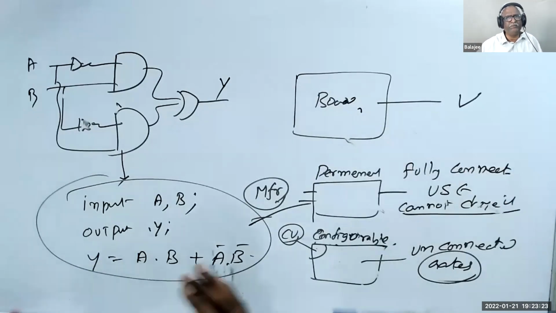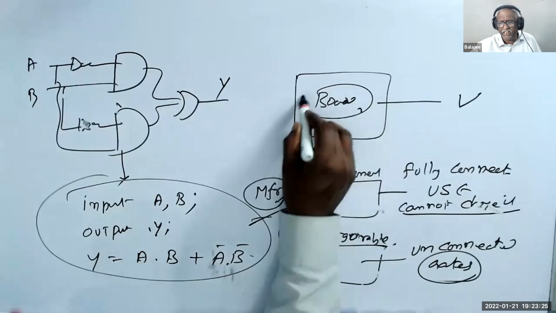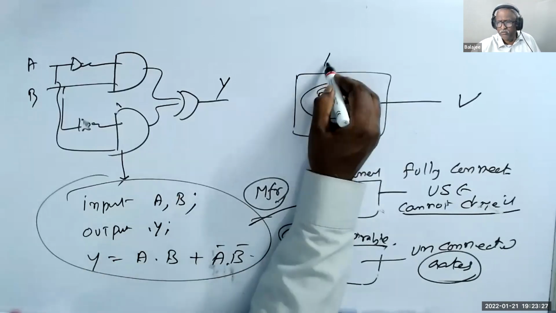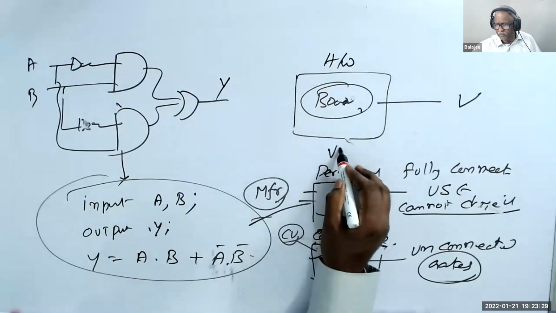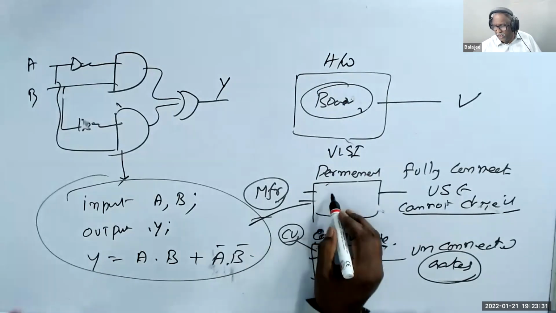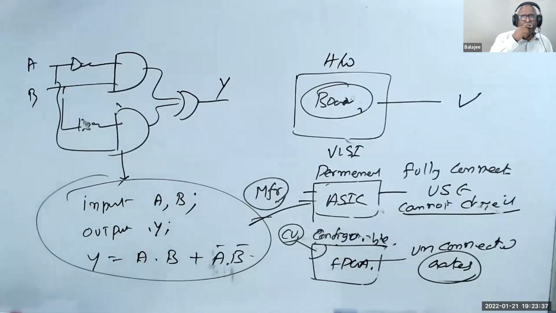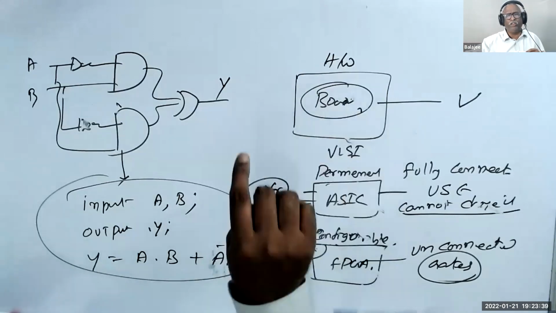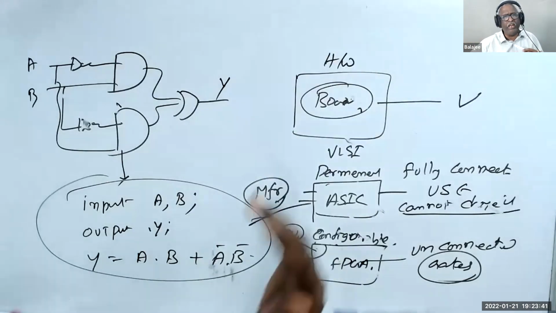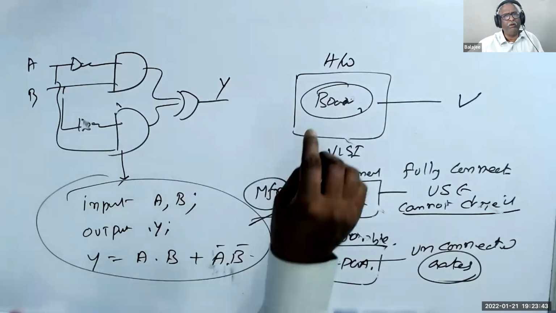So to understand the difference between what is a board designer or hardware, what is VLSI? In VLSI, there are two. One is called ASIC, one is called FPGA. But as I told you, that board is a must. You cannot have any electronic product without a board.